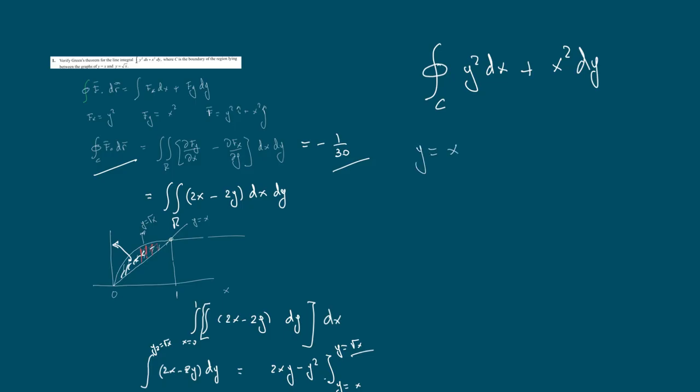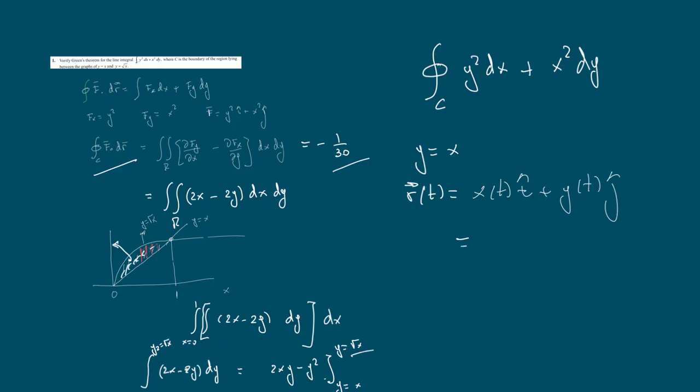So I can parameterize the line by saying that r of t always will be x of t i plus y of t j.